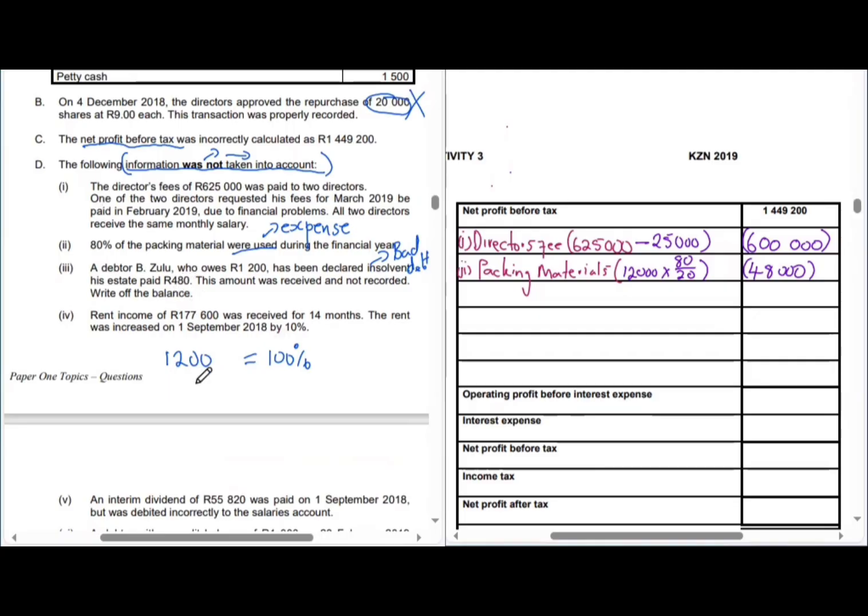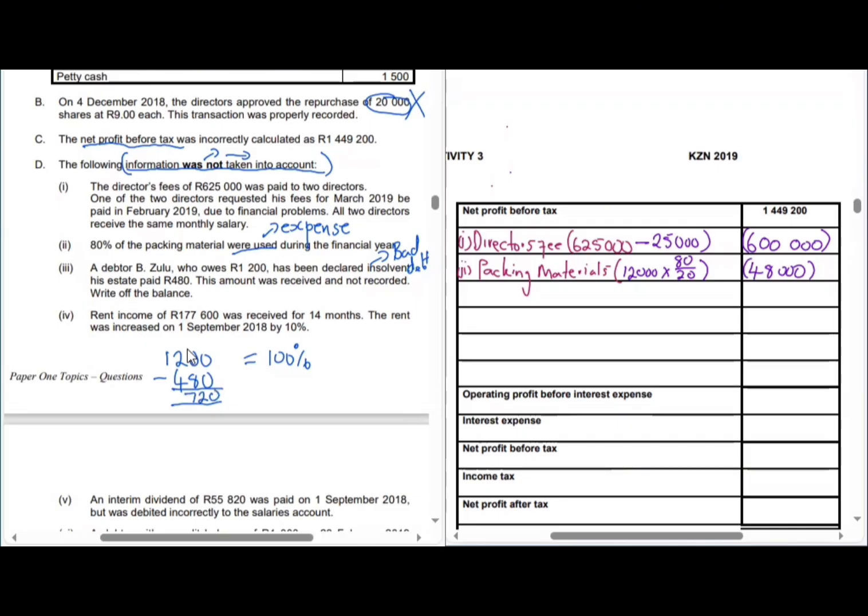So out of 100%, out of the 1,200 that he owes us, he only paid us 480. And then this amount was received and not recorded. Write off the balance. So the balance that must be written off, the balance that he still owes us in the business, is how much? Out of the 100% that he owes us, 1,200, he only paid 480, meaning he still owes us how much?